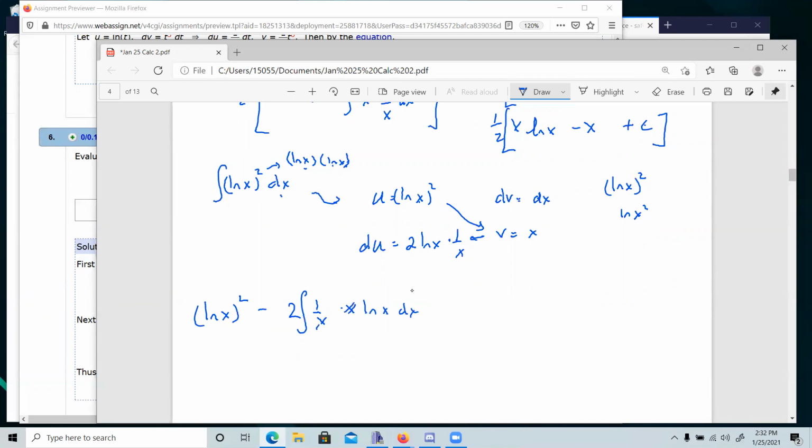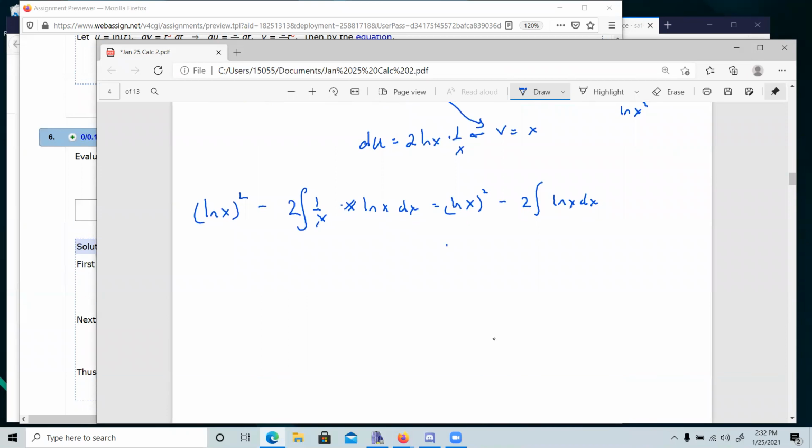That cancels, right? So we have ln x squared minus 2 integral ln x dx. Hey, what's the integral of ln x? We did that one.